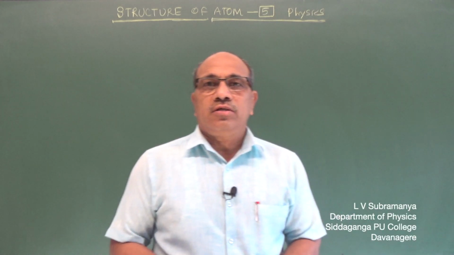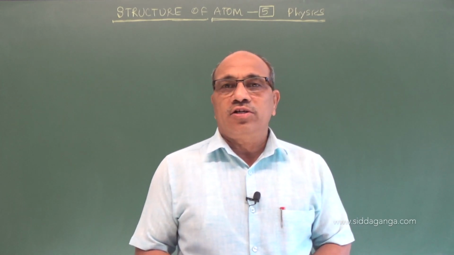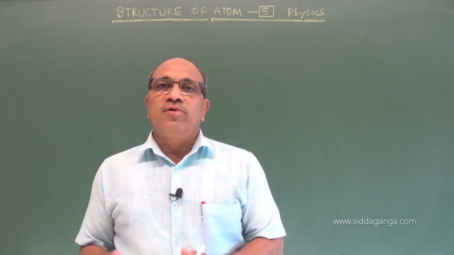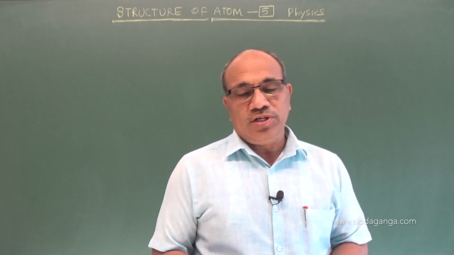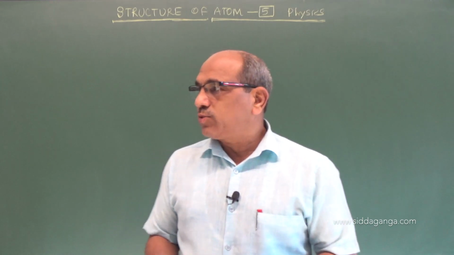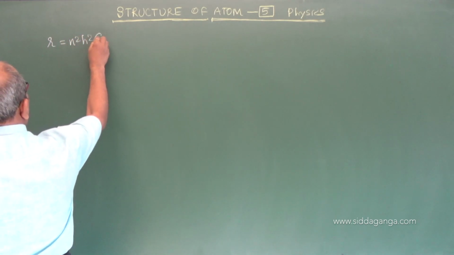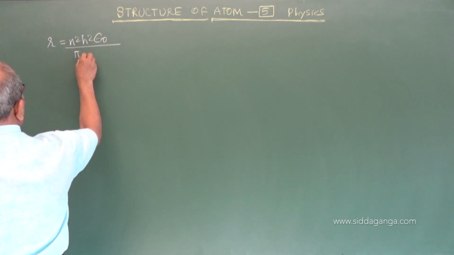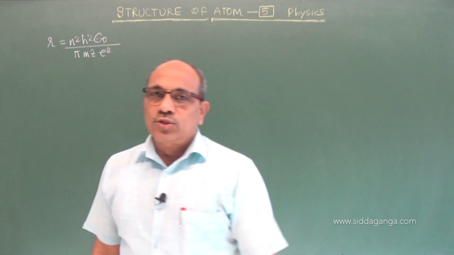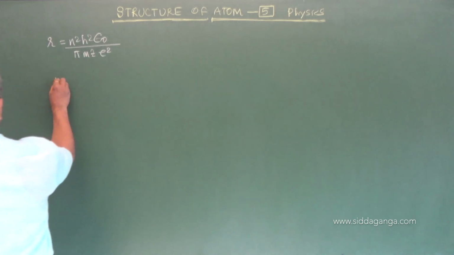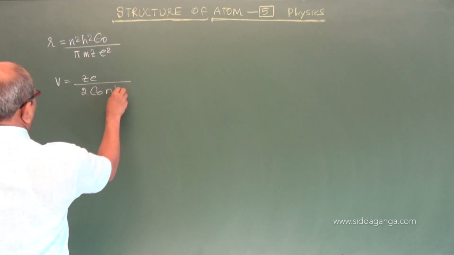Hi students, in the previous videos we started the discussion on atomic structure and the different models. In depth, we discussed Bohr's atom model, where we got the expression for radius as n square h square epsilon naught upon pi m z e square, and the expression for velocity v equal to ze upon 2 epsilon naught nh.